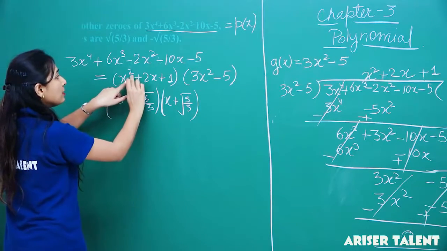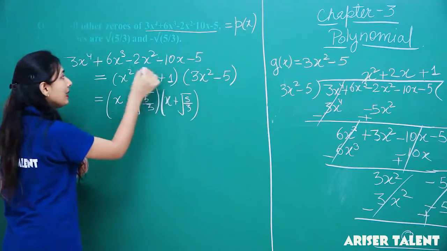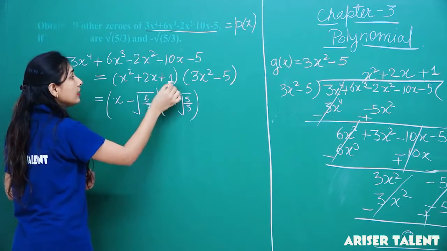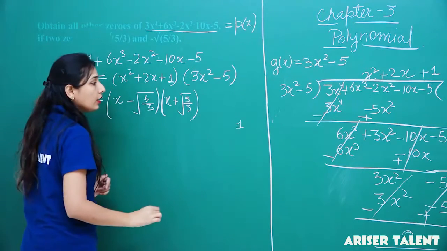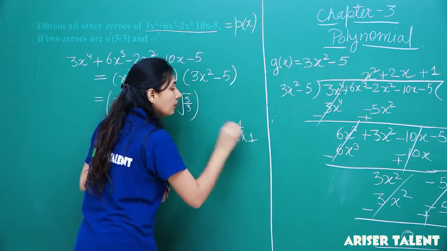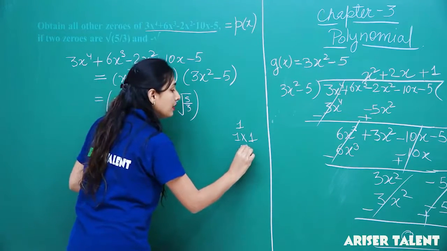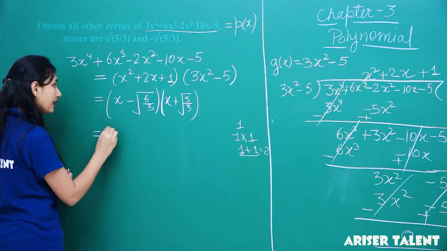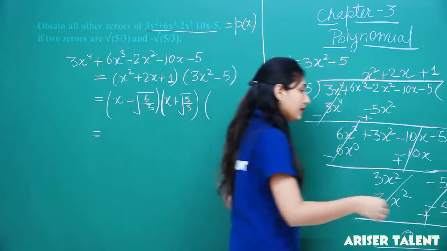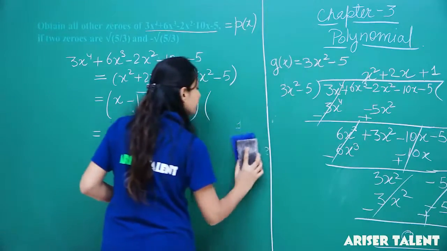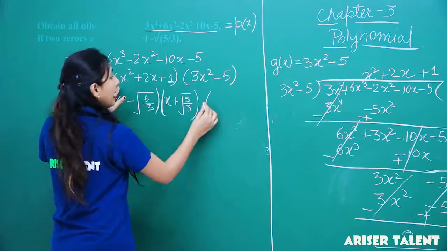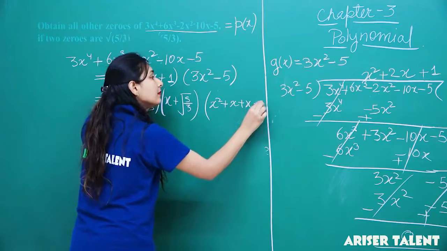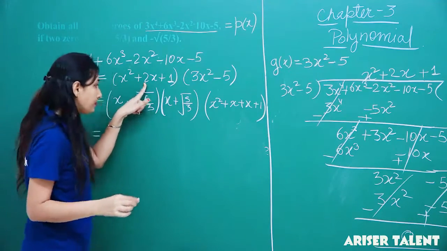Now what about this term, x square plus 2x plus 1? Multiply the coefficient of x square and the constant term, so you will get 1. How can you write 1? 1 multiplied by 1, and 1 plus 1 equals 2, and 2 is here. So I can rewrite it as x square plus x plus x plus 1.